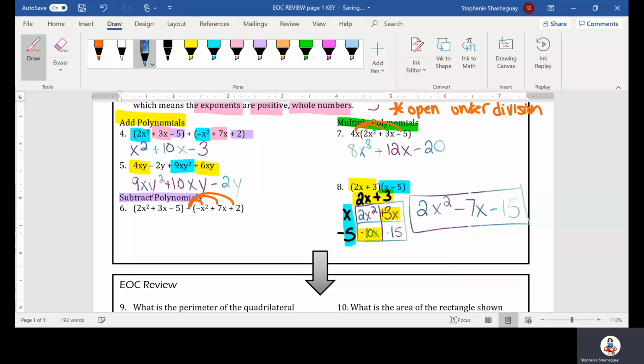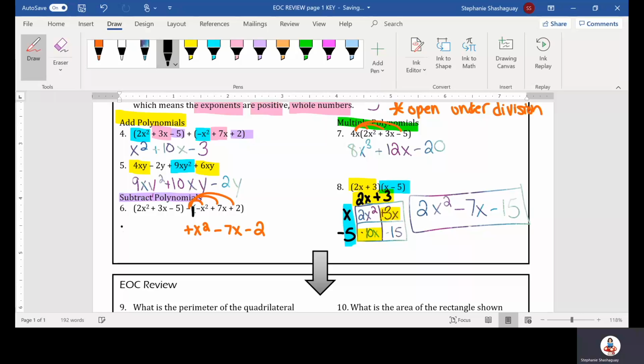It's like having a negative 1 outside the parentheses, and you're multiplying that negative 1 times every term inside the parentheses. So negative 1 times negative x squared is going to be a positive x squared. Negative 1 times a positive 7x will be negative 7x. And negative 1 times positive 2 is going to be a negative 2.